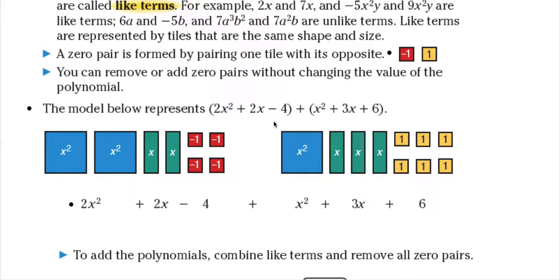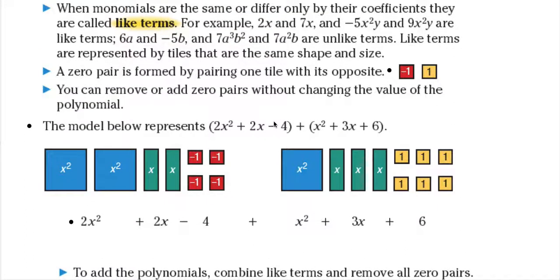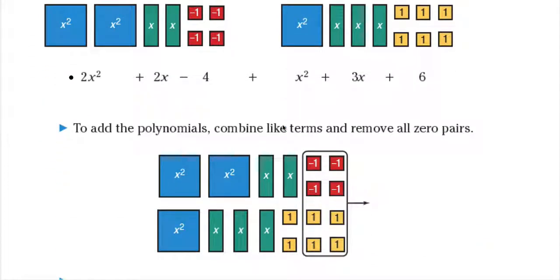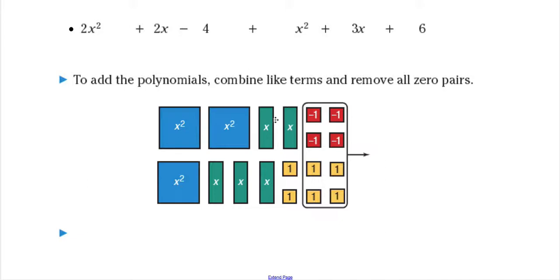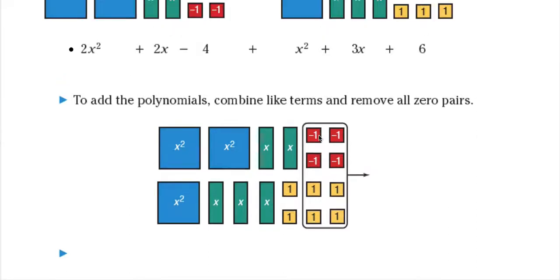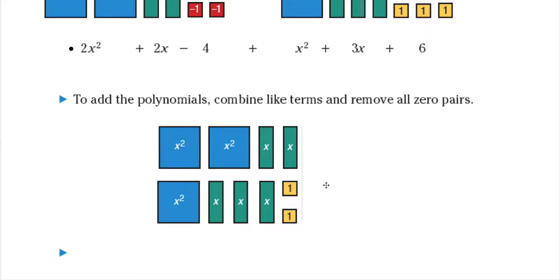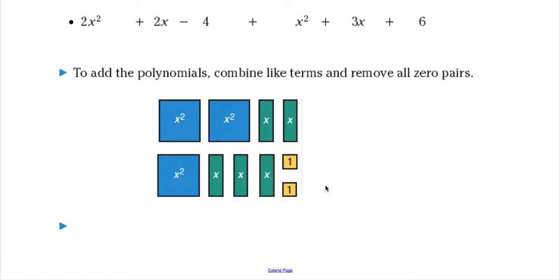So in this case, how did we define our like terms? We define our like terms as the tiles that are the same. So we combine all the x squared tiles, all the x tiles, the unit tiles, and the negative 1 tiles. Now, if you notice, the 4 negative ones and the 4 positive ones have been circled because they are zero pairs, which means we can take them away and not change the value of the polynomial.